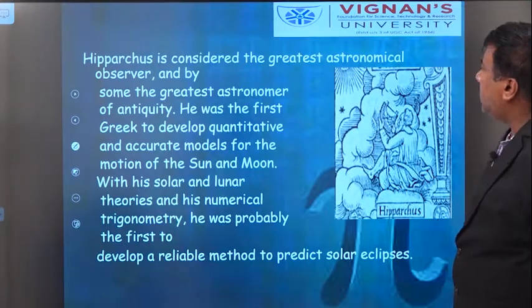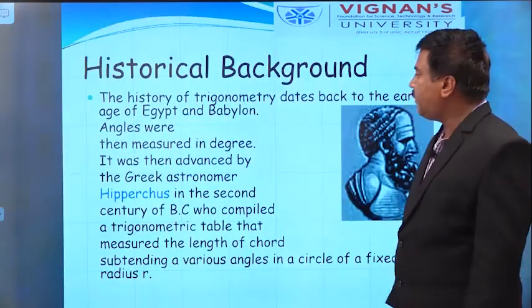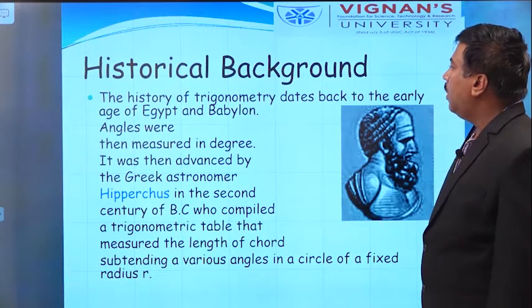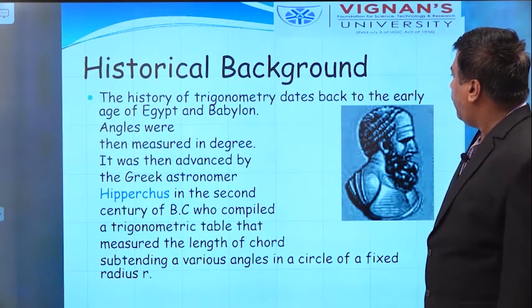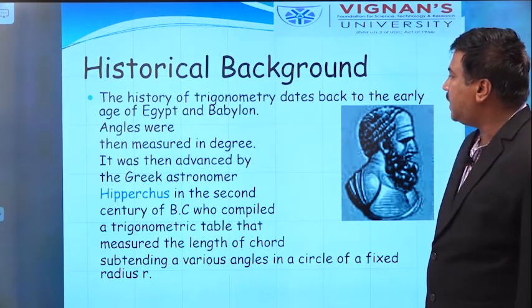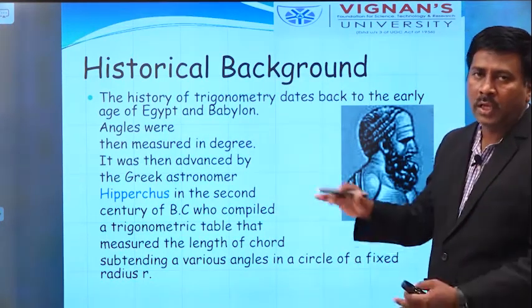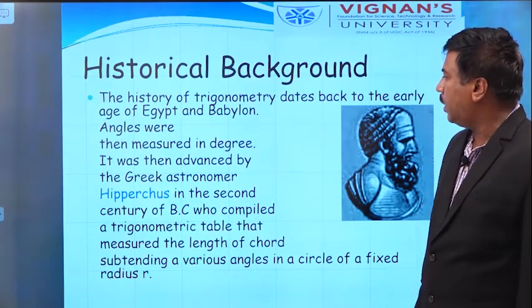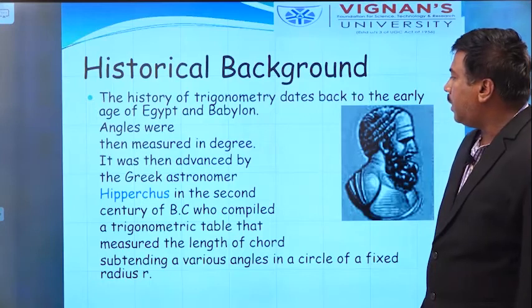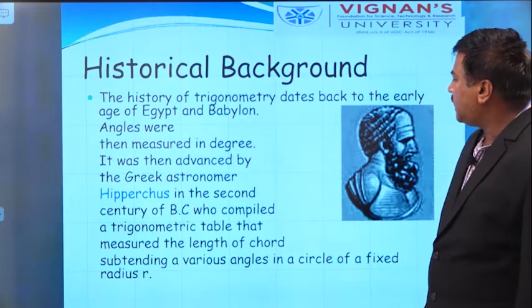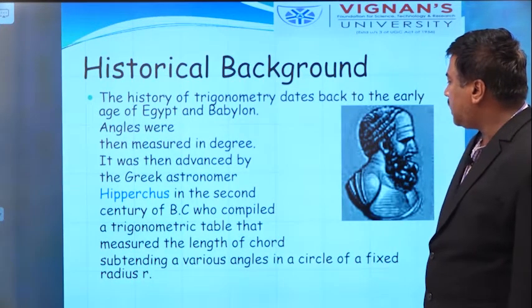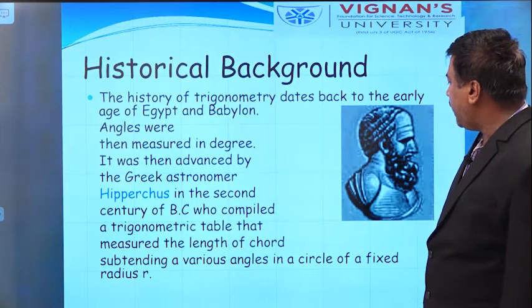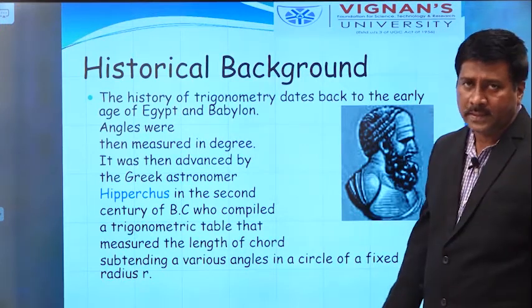Next one is the historical background again. The history of trigonometry dates back to the early age of Egypt and Babylon. Angles were measured in degrees. It was then advanced by the Greek astronomer Hipparchus in the 2nd century BC, who compiled the trigonometric table that measured the length of the chord subtending various angles in a circle of fixed radius r.